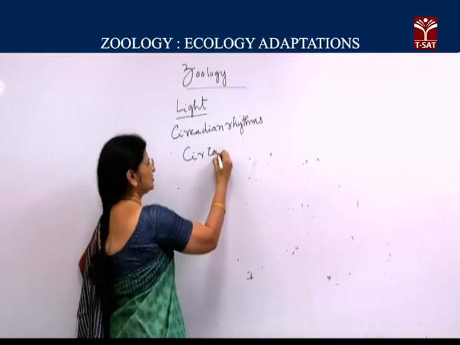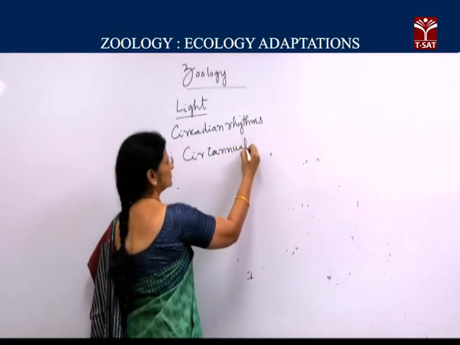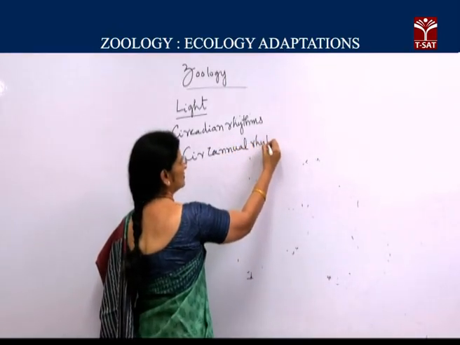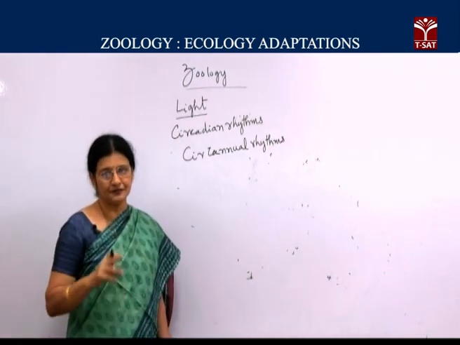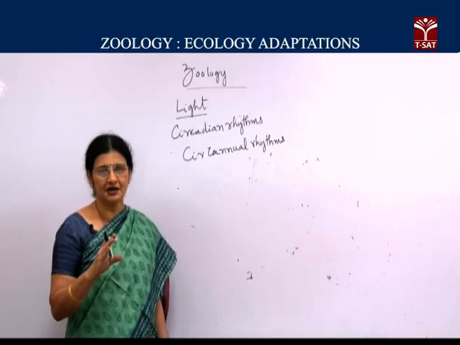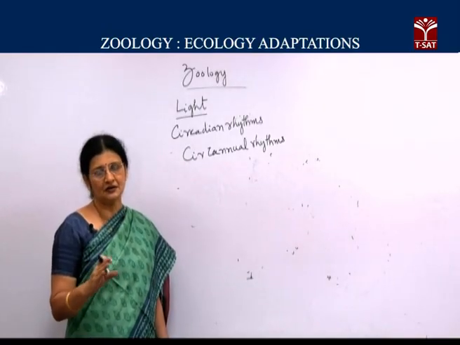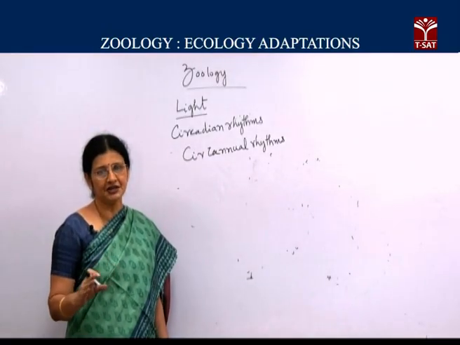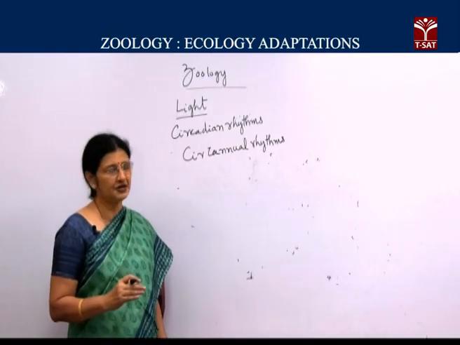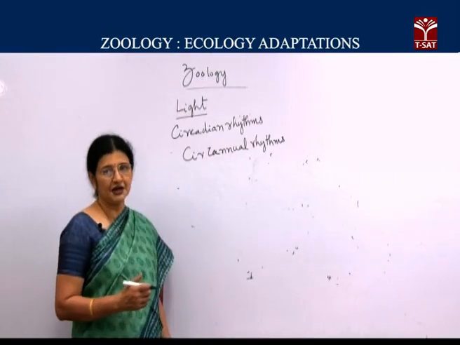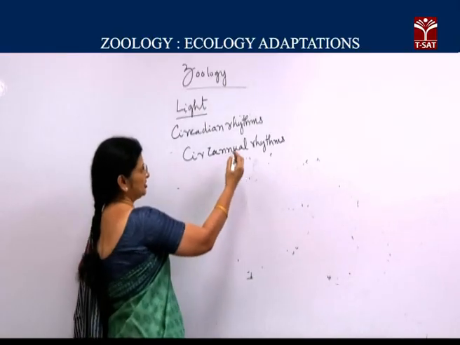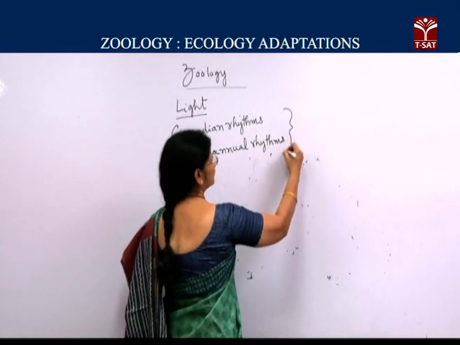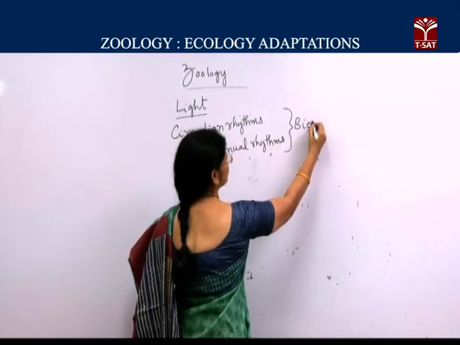The occurrence of activities in 1 year at the same time, in every year at the same season or the same time, breeding takes place, migration takes place. These are all circannual rhythms. So these are considered biological rhythms or biorhythms.